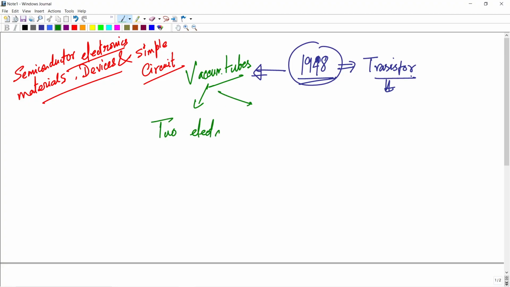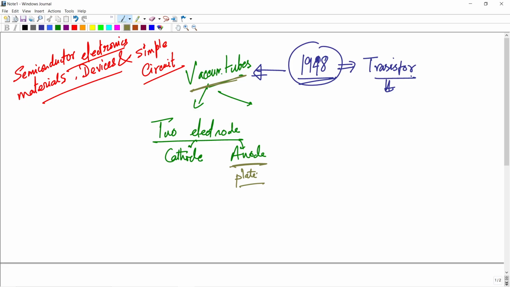We know that one electrode is called the cathode, the other is the anode. The two electrodes mean two metallic contacts. Some books say that the anode is also called the plate, so anode and plate are the same. These are called vacuum tubes, mainly with two electrodes, cathode and anode, actually two metallic contacts.